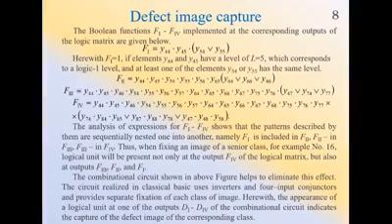The combinational circuit helps to eliminate this effect. This circuit is realized in the classical basis of logic elements and provides separate fixation of each class of image. Herewith, the appearance of a logical unit at one of the outputs D1, D4 of the combinational circuit indicates the capture of the defect image of the corresponding class.